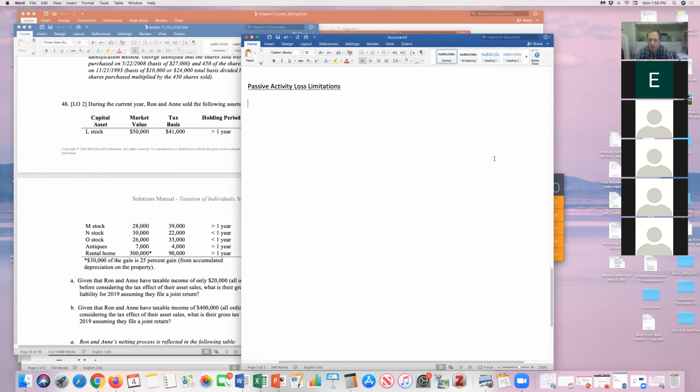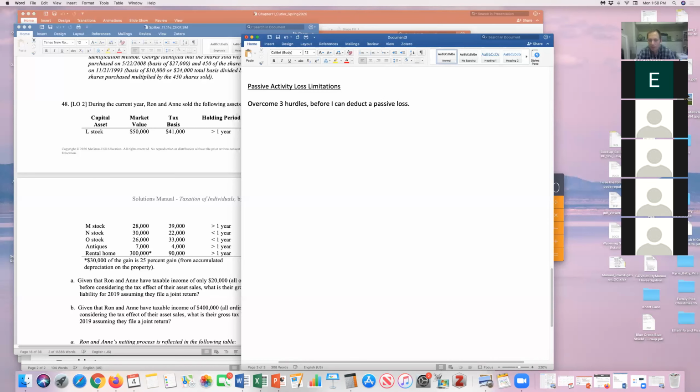If I have a passive loss, I've got to overcome three hurdles before I can deduct a passive loss.